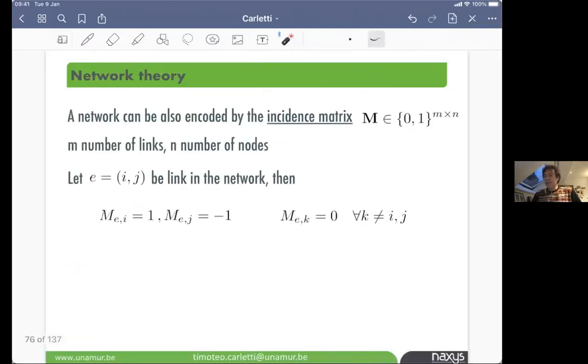There is another way to encode a network, which is given by the incidence matrix. I will need it in the following, so I will just put the definition right now. It's again a 0-1 binary matrix, but now the size is m times n, where m is the number of links, while n is the number of nodes. The adjacency matrix is a square matrix n times n.